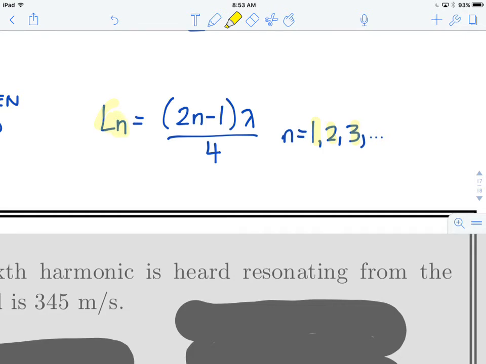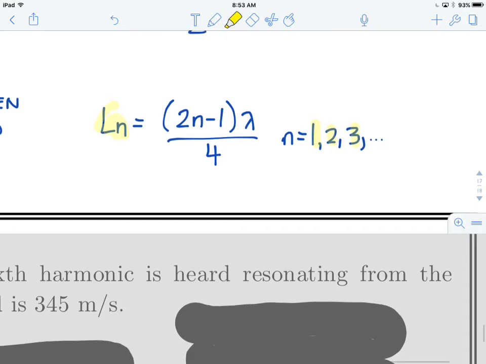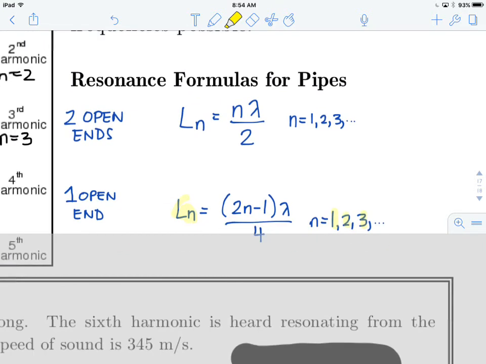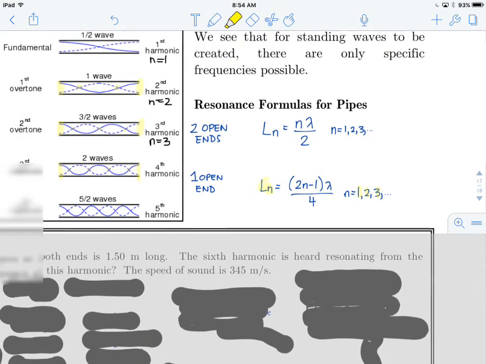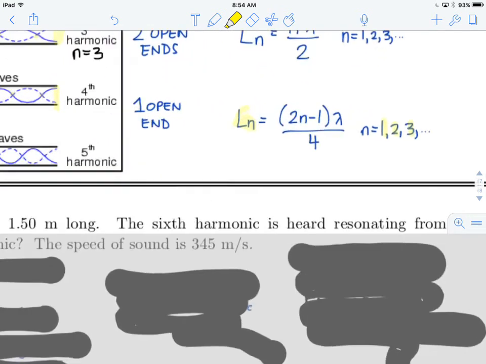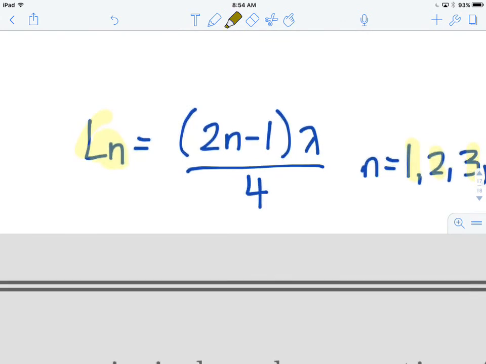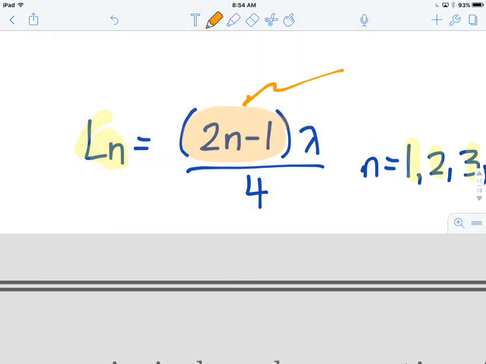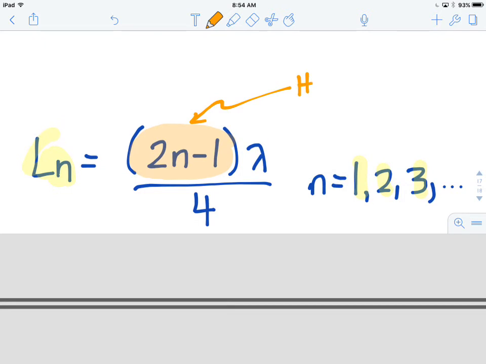But now, if you ever want to know what the harmonic number is, instead of the harmonic being the same as n, because in the earlier case n equals 1 was our first harmonic, n equals 2 was our second harmonic, n equals 3 was our third harmonic, that's not the way it is now. If you ever want to know what the harmonic is, we look at this result that's in brackets. And this right here is our harmonic.